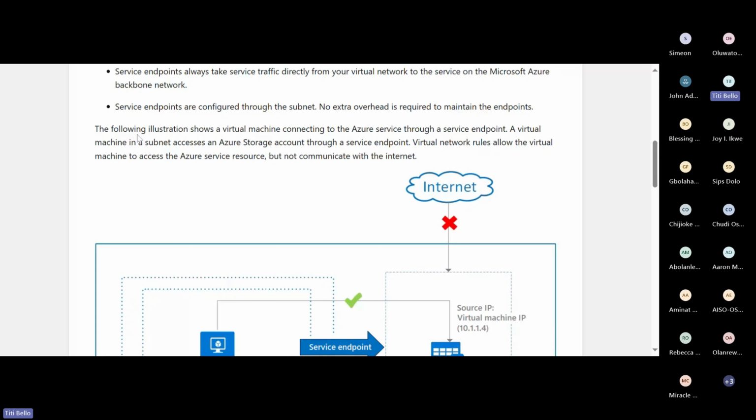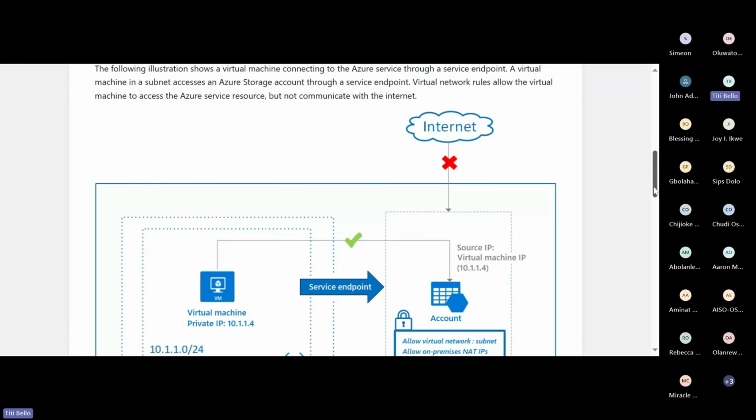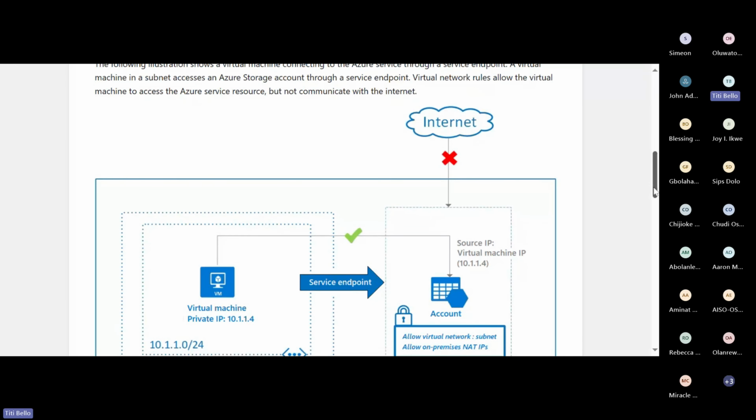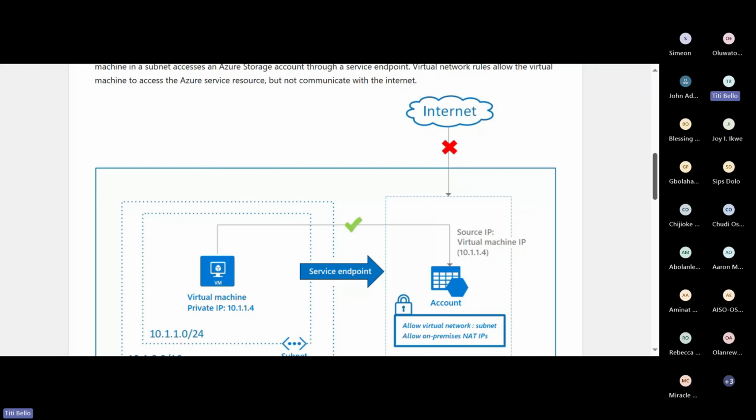A virtual machine in a subnet accesses an Azure storage account through a service endpoint. Last week, I presume you must have learned about the Azure storage account. The virtual network rules allow the VM to access the Azure service resource, but not communicate with the internet.